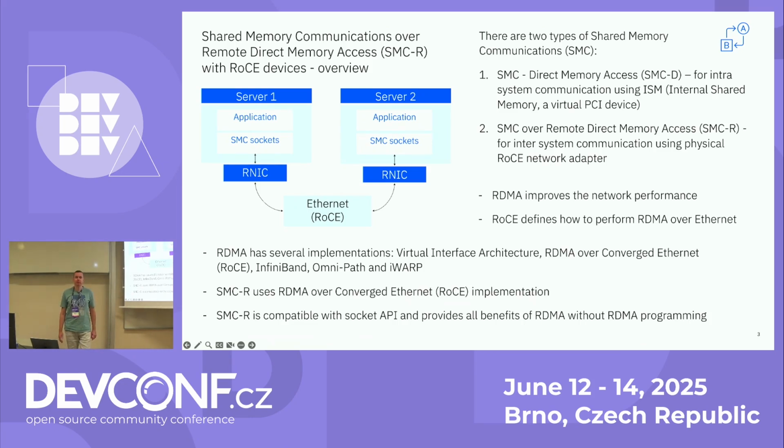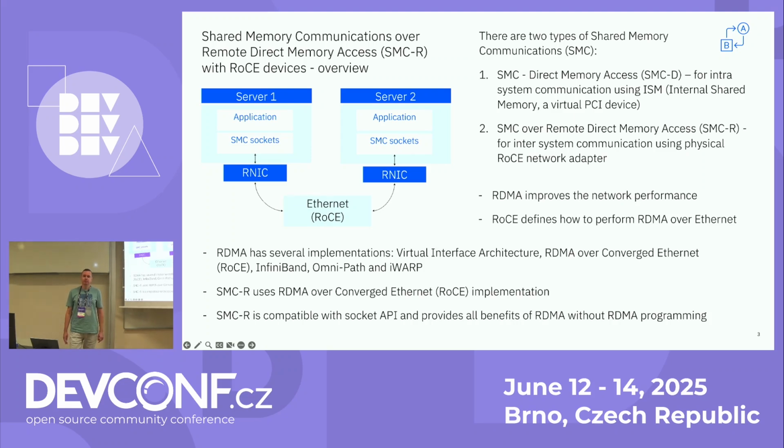The first one is shared SMC direct memory access, or SMC-D, and it is used for the communications within the same physical server. And the second type is SMC over remote direct memory access, or SMC-R, and it is used for the communications between two different physical servers. During this session, we will focus on SMC-R only.